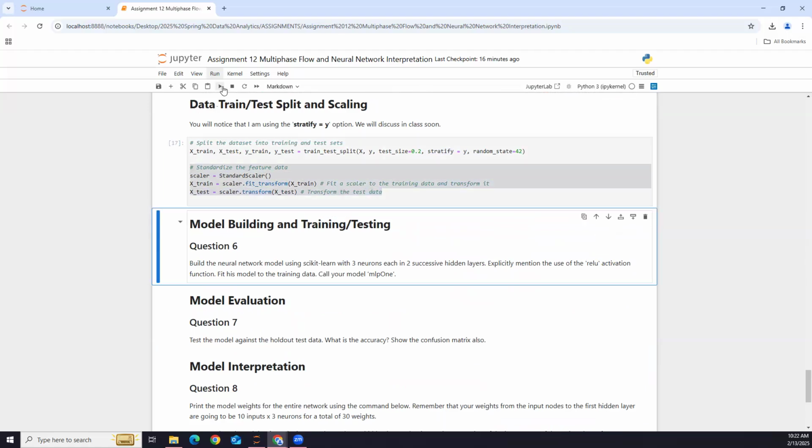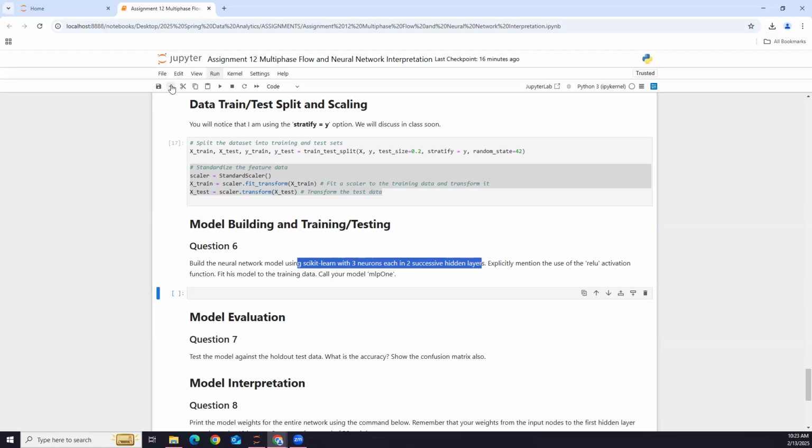And finally, once we are done with all of this, then we need to construct our neural network model and specify its architecture. In this specific case, we're going to be using MLP classifier. We're going to be using 3 neurons each in 2 successive hidden layers. So for that, we're going to be defining a model.